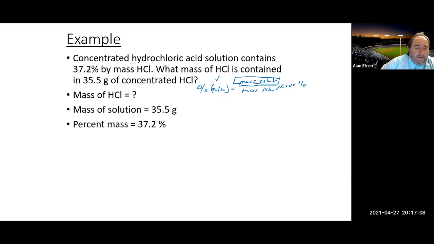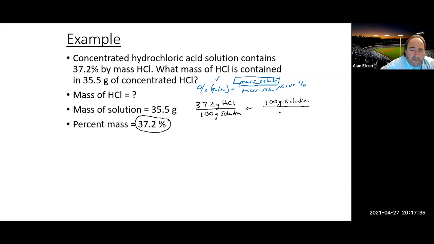I'm personally going to do it more of a dimensional analysis conversion approach just to show you how that would work. What the 37.2% by mass would mean is we would have 37.2 grams of hydrochloric acid in 100 grams of solution. Or again, we can use it as 100 grams of solution would have 37.2 grams of hydrochloric acid.